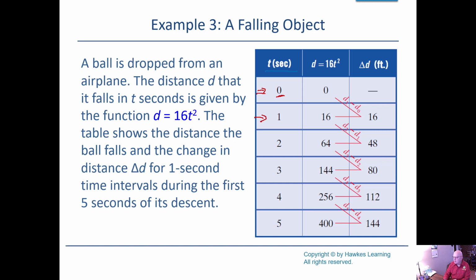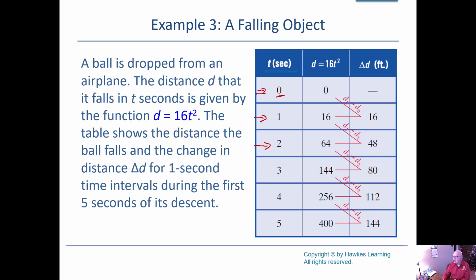Second one, after it's fallen for 1 second, how far has it gone? 16 feet. After 2 seconds, it's gone 64 feet. After 3 seconds, 144 feet, and you can see the last two.